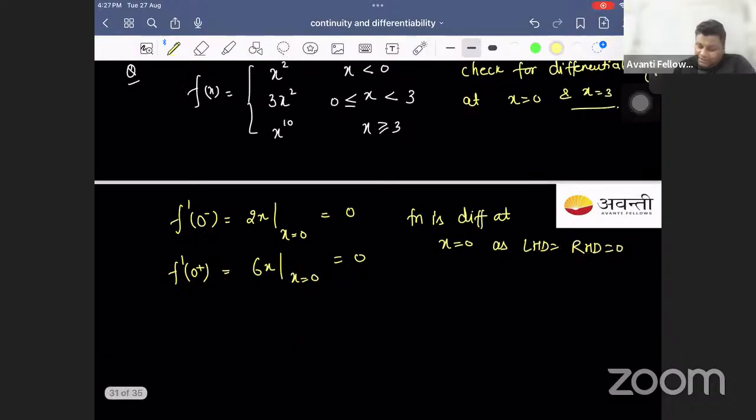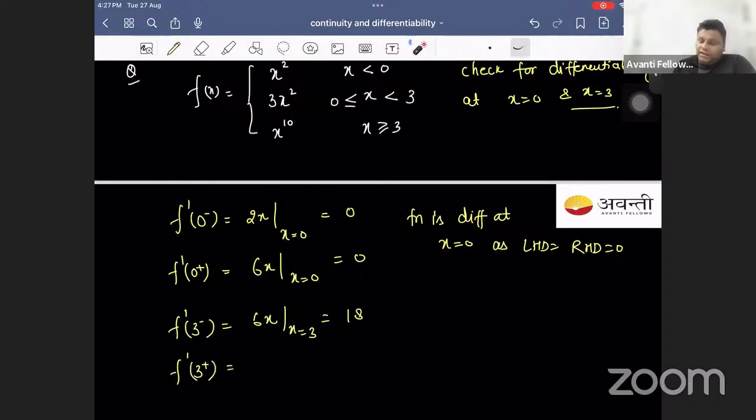Now at 3, if we check f dash 3 minus. Now see, before 3, this is the definition, so its derivative is going to be 6x. So 6x at x equals 3 is 18. Now f dash 3 plus. To the right of 3, this is the definition. Got it? Derivative will be 10 x to the power 9, and this value at x equals 3 is 10 times 3 to the power 9.